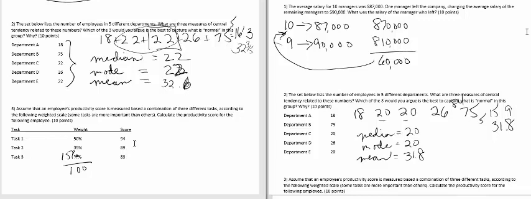And then, so now you would just multiply every weight, which is actually equivalent to a probability, times the score. So you would say 0.5 or 50% of 94 is 47.